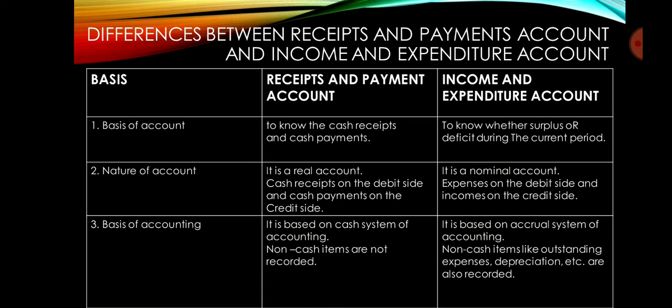Do you know the accounting rule of real account? Okay, I will explain. The rule of real account means debit what comes in and credit what goes out. But income and expenditure is the nominal account.